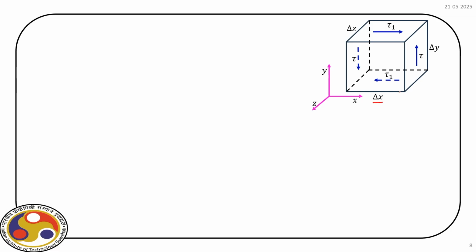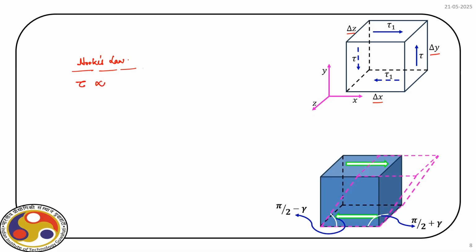cuboid of dimension delta x, delta y, delta z. We can define Hooke's law. So, we have shear stress which is proportional to shear strain. So, we have to define shear strain, and for that again we consider the same body over which the shear stress is acting. That will cause a deformation, and you can see the angular deformation.